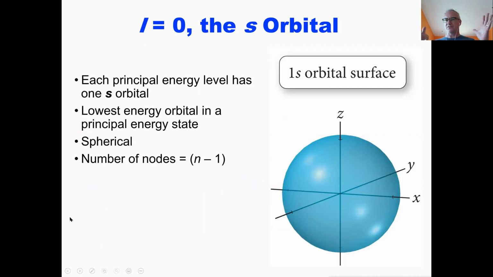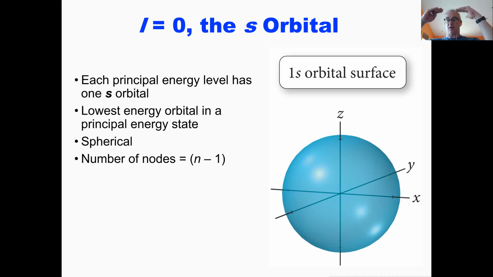So, S orbital, simplest one, S, sphere. Lowest energy. At any particular shell, this is the lowest energy subshell. So this is the first place. As we're adding electrons, as we go from hydrogen to helium to lithium to beryllium, and so on, we go to the lowest energy.